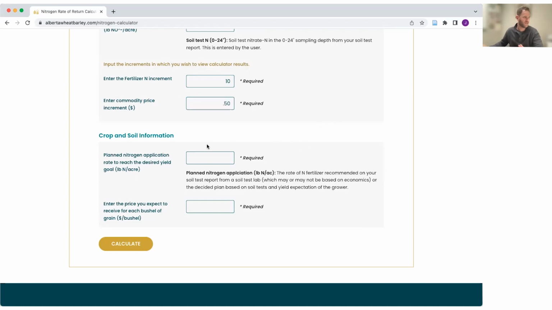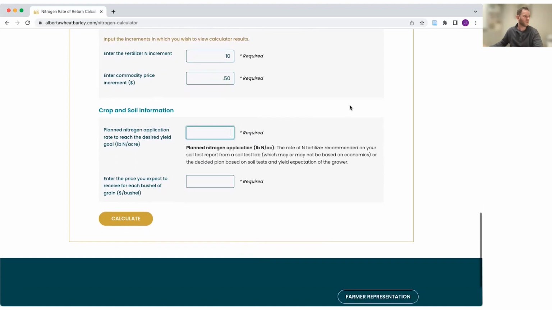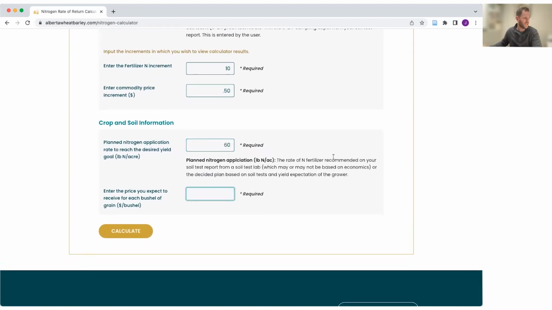Then we input our crop and soil information. The planned nitrogen application is how much nitrogen you're going to apply to reach the yield goal that you're targeting. We're going to put down 60 pounds here. And for the price we expect to receive at the elevator, we're going to do $13.